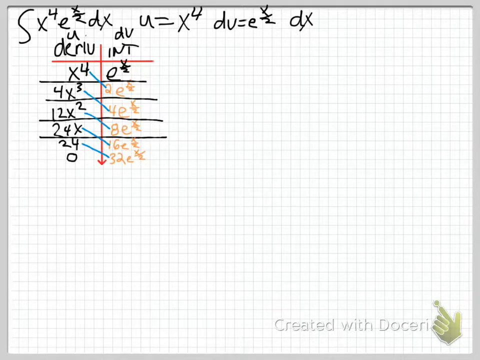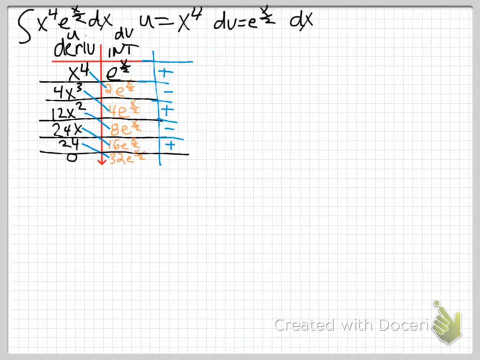The third column over here that sometimes is overlooked is the sign, what you assign, the positive or negative sign. You start off with positive and you just alternate your signs. Plus, and we have one more column here to do, which is going to be right here, and that would be a negative.